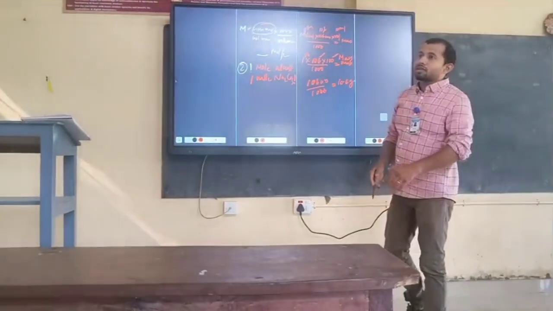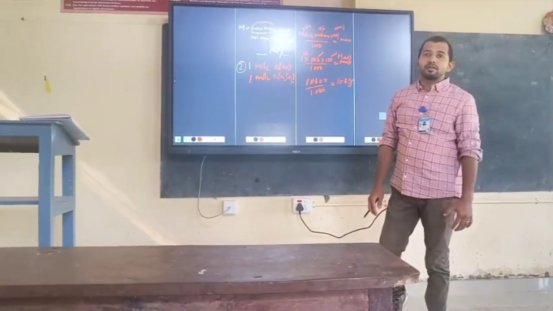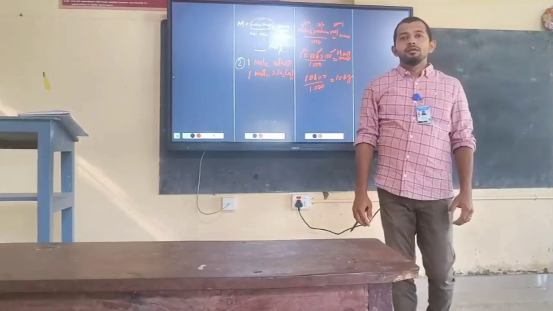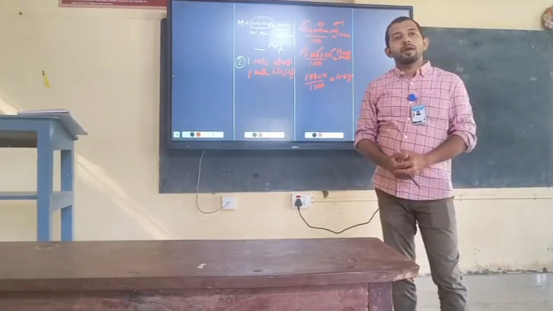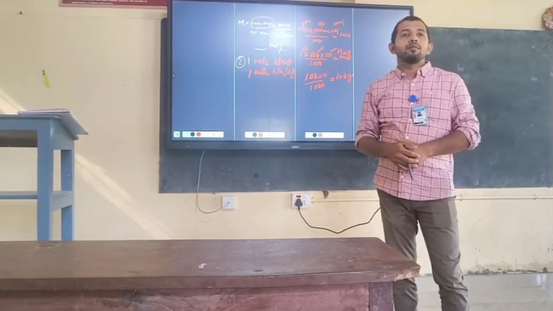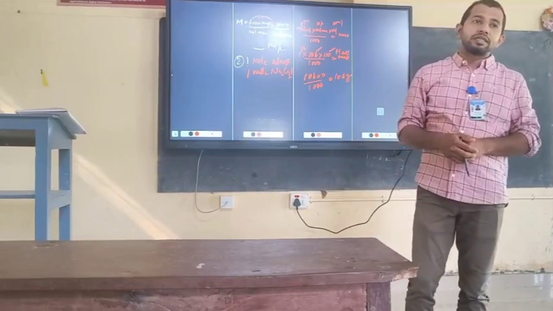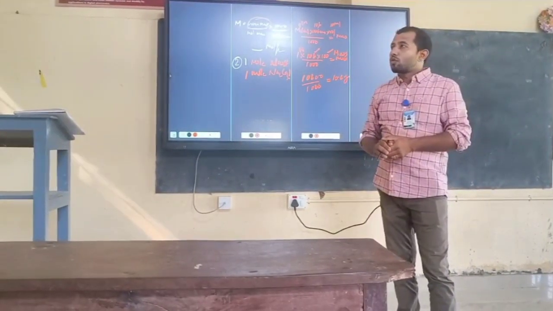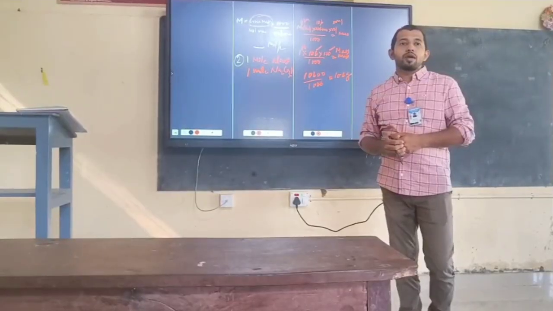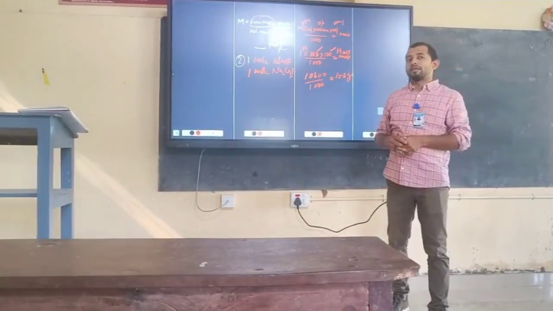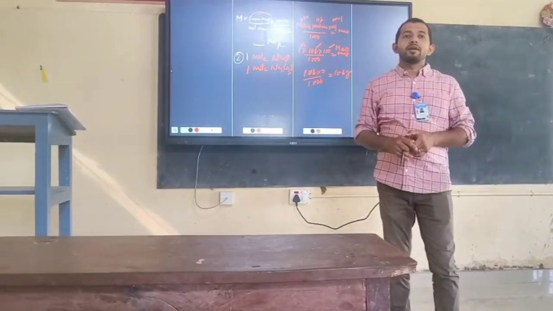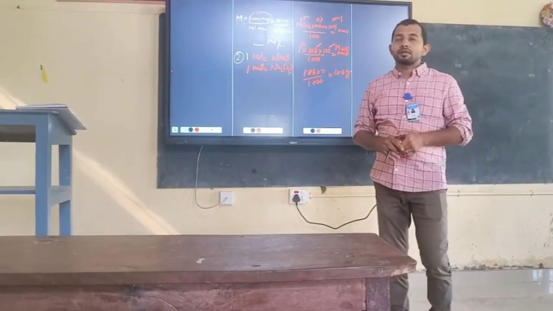So we have actually learned one single, very important equation to find out the molarity of a substance. Molarity, as we know, is number of moles per liter, and number of moles is given mass divided by molecular mass.